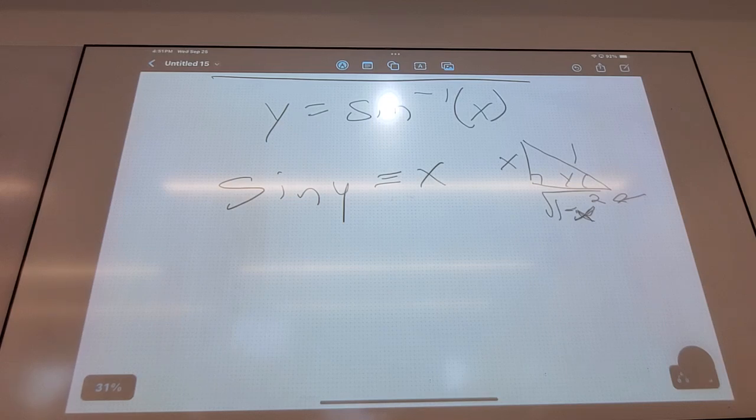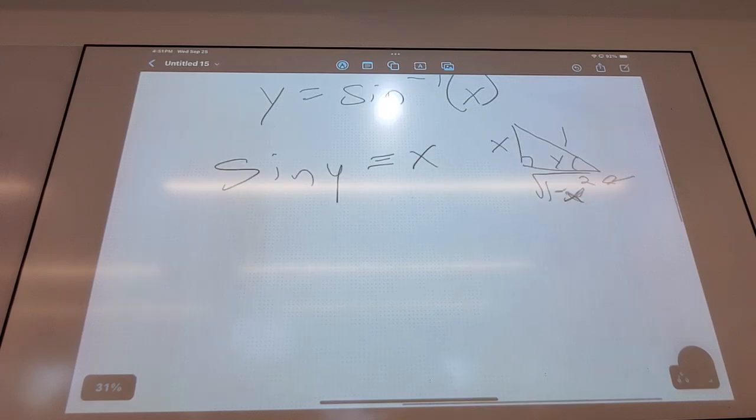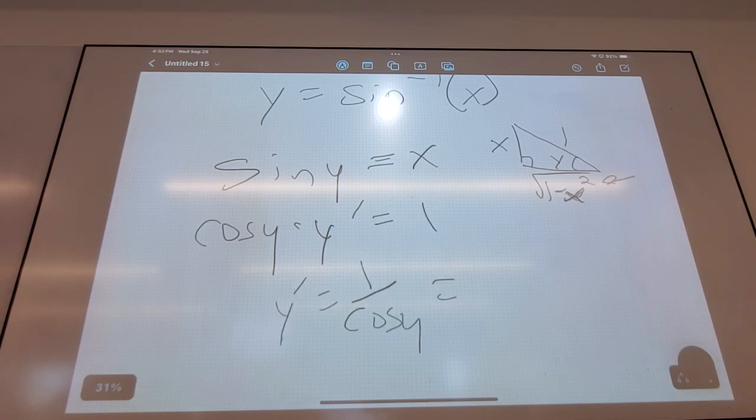What's the derivative of sine of something? Cosine of something, times the something prime. So y prime is 1 over cosine. Do we know what cosine is now? It'll be this over 1, yes?